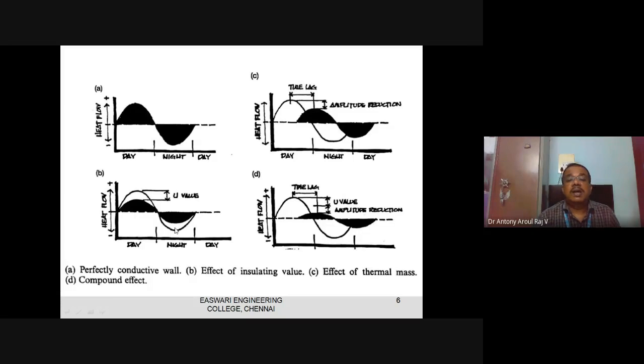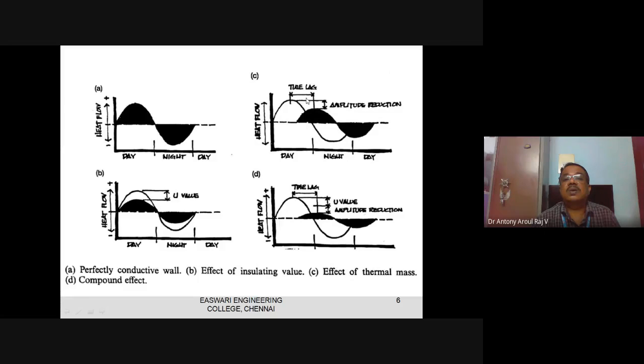Okay. But what will a storage material, or a high heat capacity material like a PCM, or a building with a larger wall, do? It will not only reduce the peak.